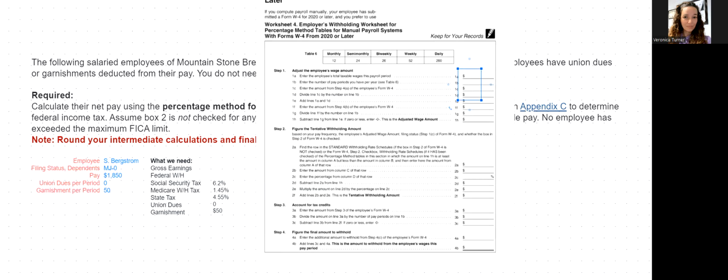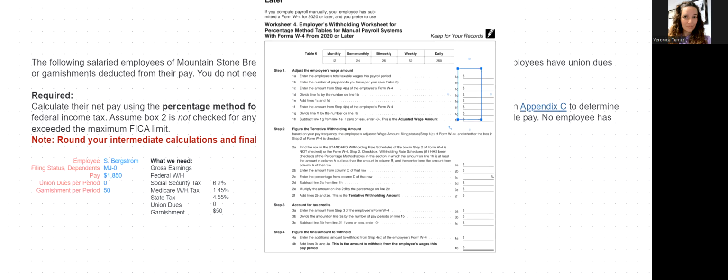Okay, so what's the next one that we got? We need to divide line 1C by line 1B, 0 by 24, 0. Add lines together, 1A and 1D. So that's going to be that 1,850. Enter the amount on step 4 we've determined for him, it's 0.